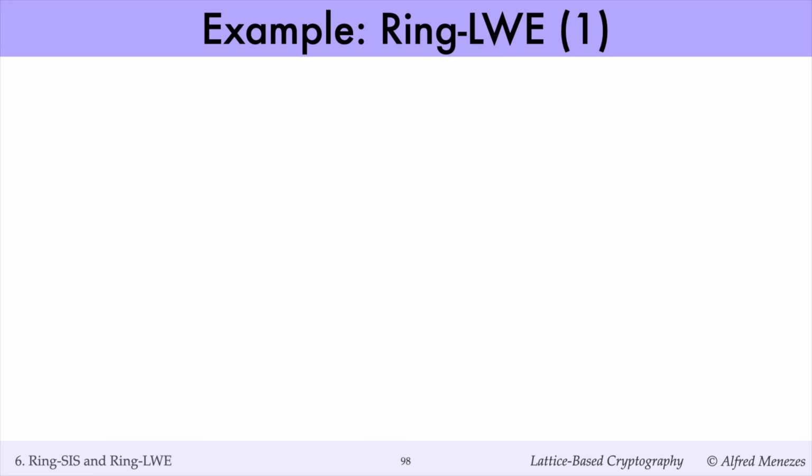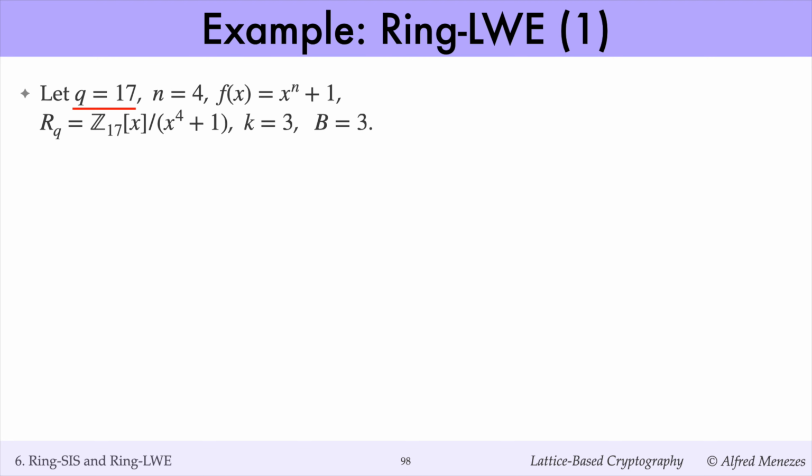Here's an example of Ring-LWE. Let's take Q to be the prime 17 and n to be 4. So the ring of polynomials R_Q is the polynomials over Z_17 modulo x to the fourth plus 1. We'll take K to be 3 and error bound B to be 3.